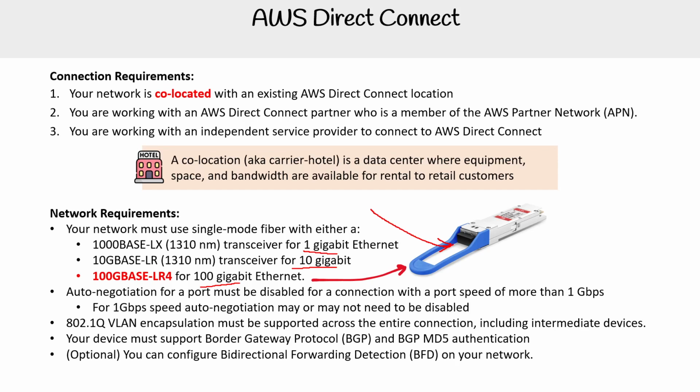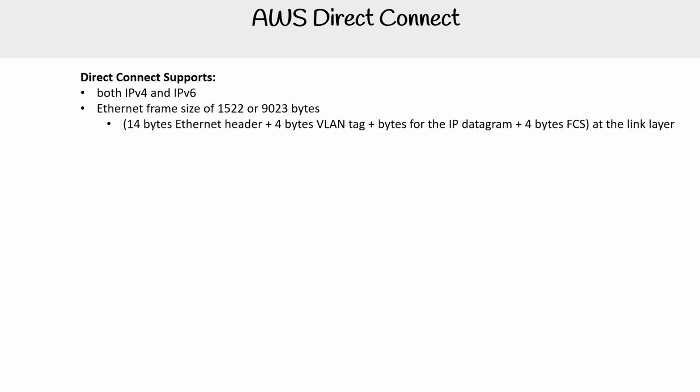This is not going to show up on your exam, or if it is, it'd only be for the advanced networking certification. But again, a lot of this just looks like spaghetti to me, so it is what it is. Direct Connect supports both IPv4 and IPv6, and an Ethernet frame size of 1522 or 9023 bytes. So, if you want to know, there it is.